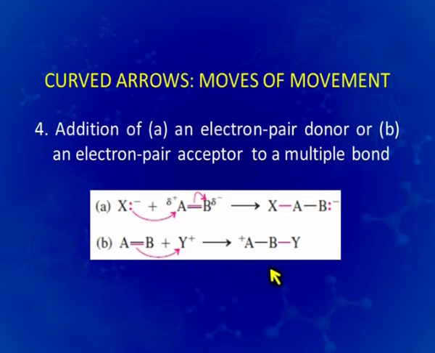In one case, depicted as A, we have an electron pair donor giving electrons to the one which is electron deficient, while in this particular case we have a double bond which is electron rich, giving electrons to a positively charged species and thus leading to the formation of a bond and the product in these reactions.